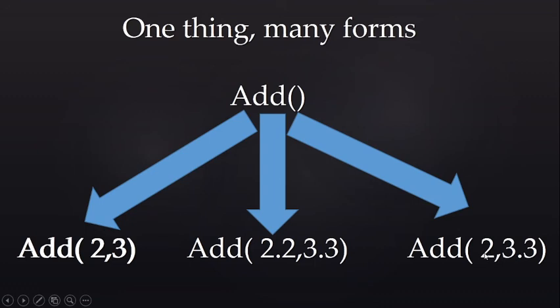Here 2 is an integer and 3.3 is a float. So we have a variety of add functions: one is integer, one is float, the third one is integer and float. Basically, the task is one, that's addition, but their forms are different. That's add integer, add float, and add integer and float. That's polymorphism.